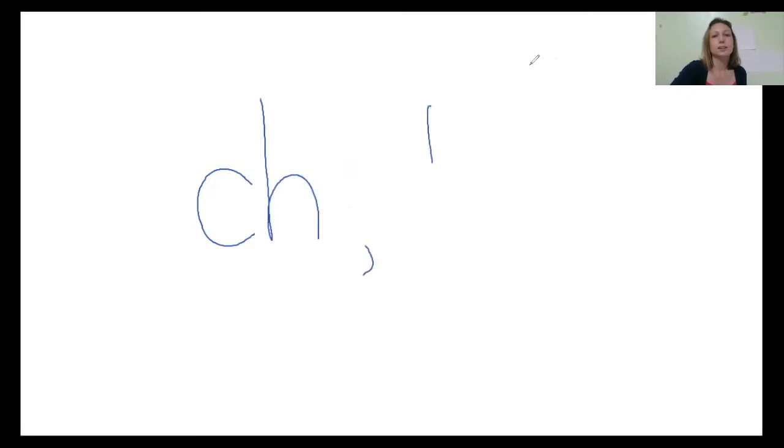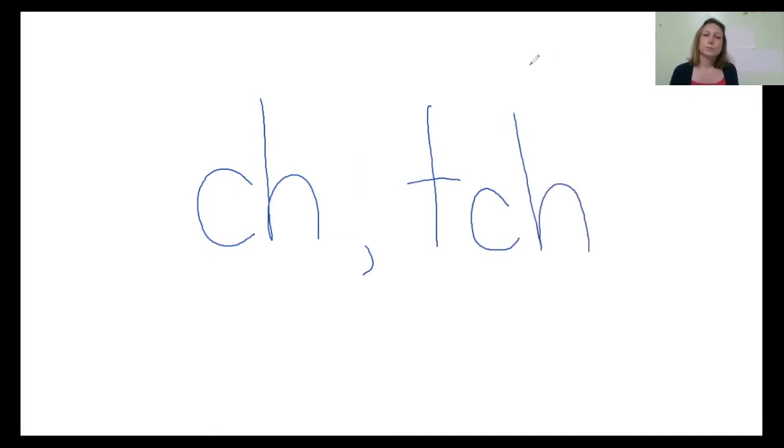Think about what we just learned. And what 2 ways can we make the ch sound? CH or TCH. Both of those say ch, and TCH comes right after a short vowel.